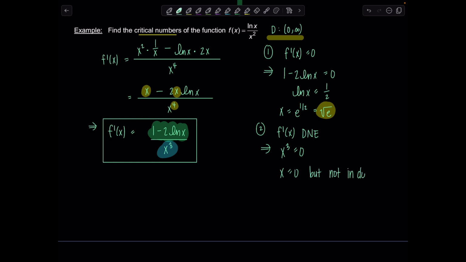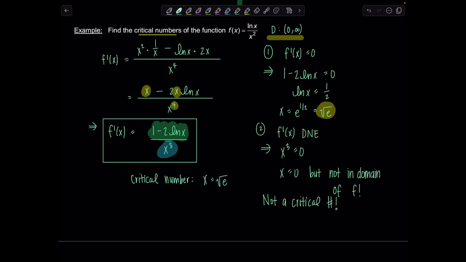Remember, the domain goes from 0 to infinity, not including 0. So it's not a critical number. Nope. Sorry. So we do have one critical number: x equals square root of e.